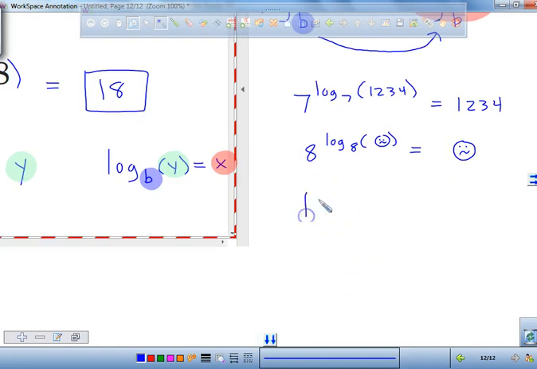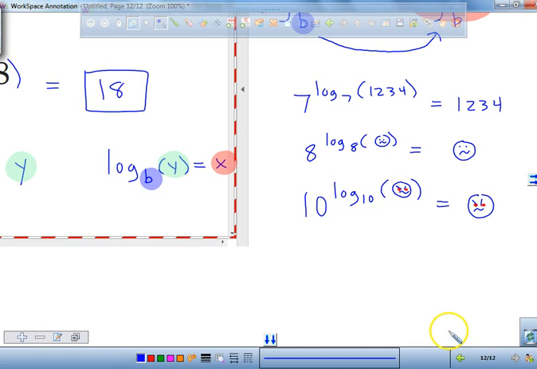If I said 10 log 10 of angry face, alright? What's that going to equal? No, it's not going to equal confused face. It's going to equal angry face. Alright? Here, I'll make some evil red eyes. There we go. There's somebody who's really angry right now. Alright? So, if you have the same base, whatever's there is your answer every single time.